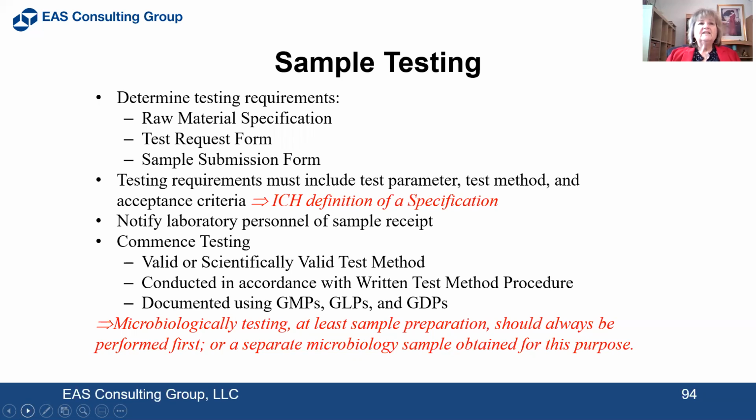You must have a scientifically valid test method. It must be conducted in accordance with the written test method procedure, and it must be documented using GMPs, GLPs, and GDPs. So microbiological testing, at least in sample preparation, should always be performed first, or a separate microbiology sample obtained for this purpose. That also works.